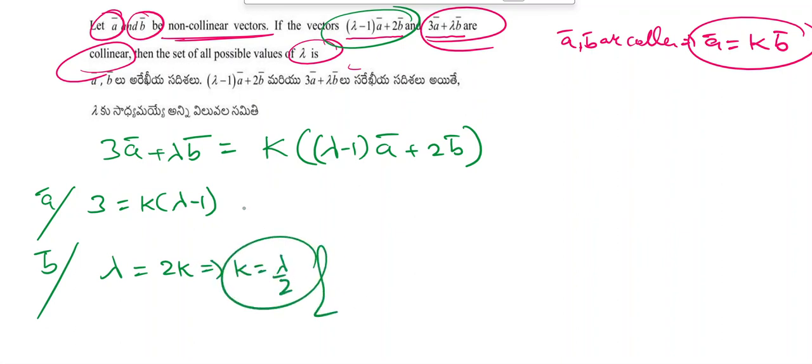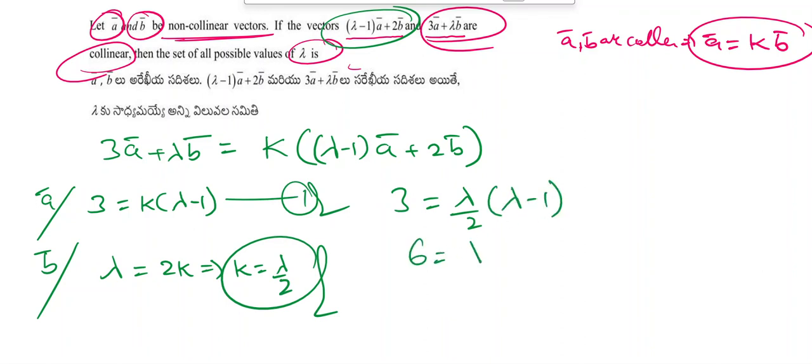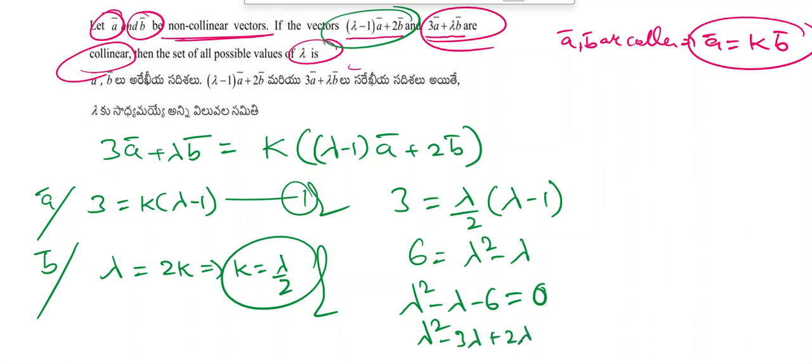Substituting this k value in the first equation, 3 is equal to lambda by 2 into lambda minus 1. So 6 is equal to lambda square minus lambda. Lambda square minus lambda minus 6 is equal to 0. Factorizing, 2 3s are 6: lambda square minus 3 lambda plus 2 lambda minus 6 is equal to 0.